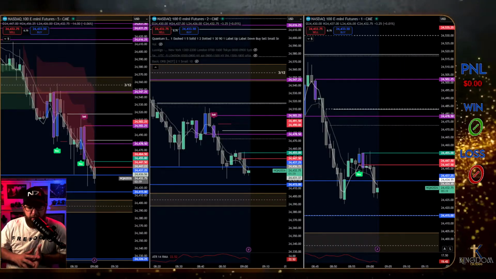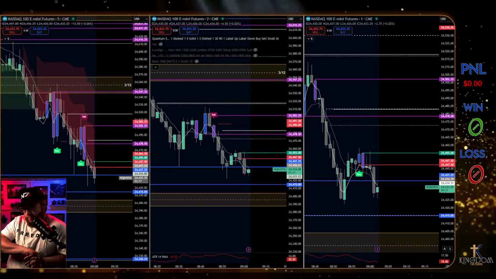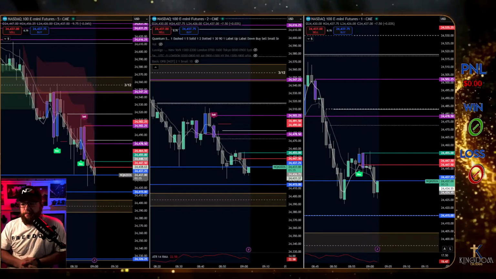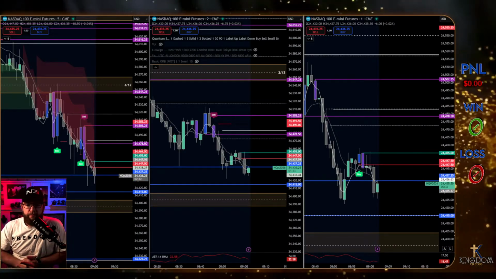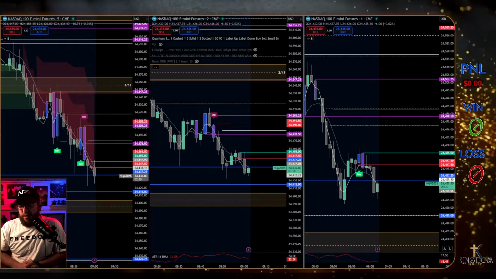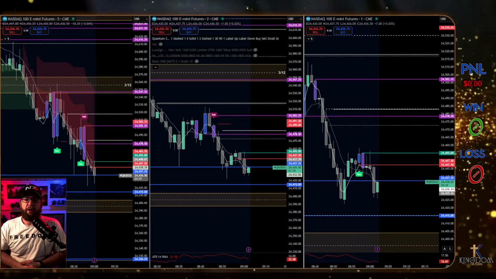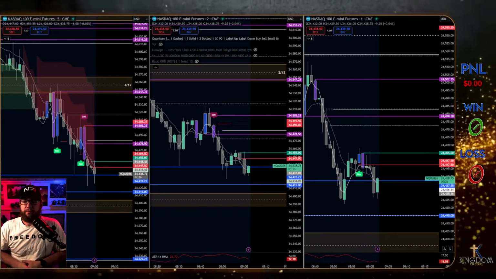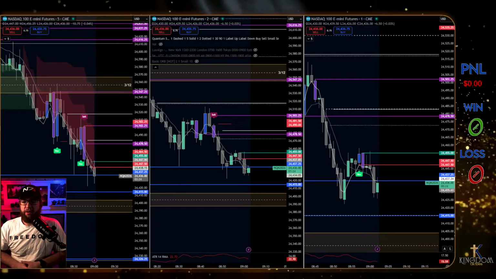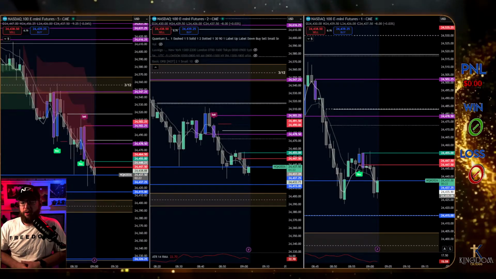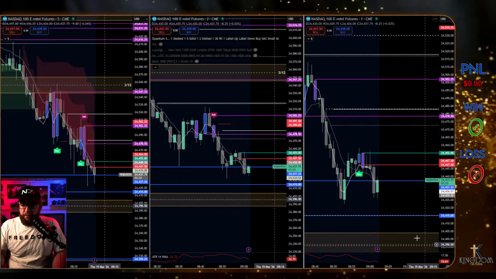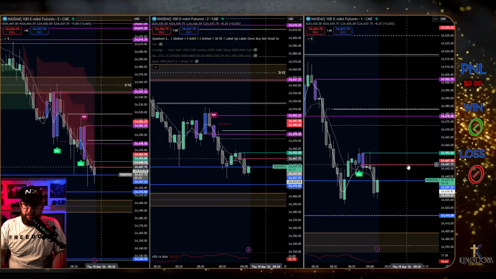Broke that blue. Come up. Did I have a cross? No, cross didn't form there, and it wasn't a purple candle. But that was a good 15 points there. 15, almost 20 points maybe, from the entry on here.